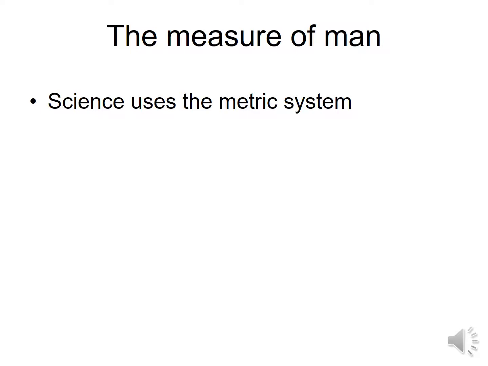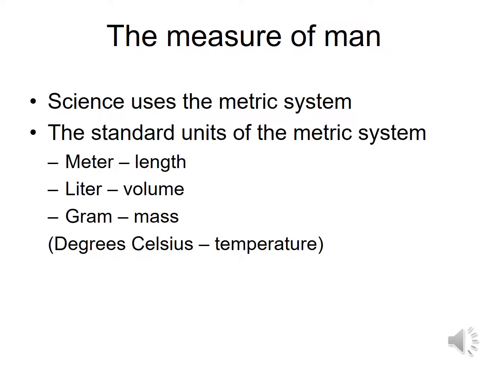Often it would be based on the size of the king, so we say the measure of a man. In the sciences like chemistry, we want to use the metric system. These are more standard. You set a length and that stays the same. Doesn't matter who the king is, right? The meter is a standard length. The liter is a standard volume.